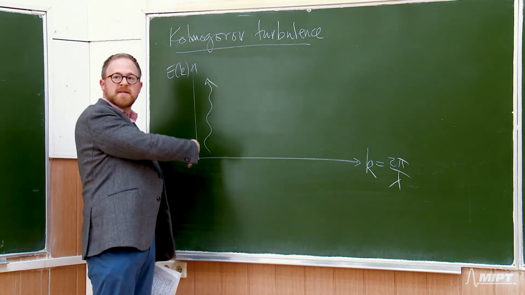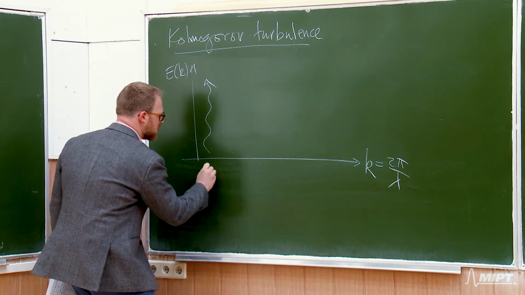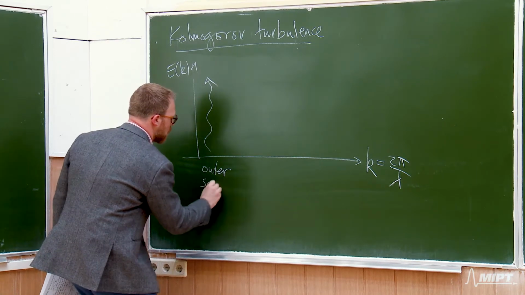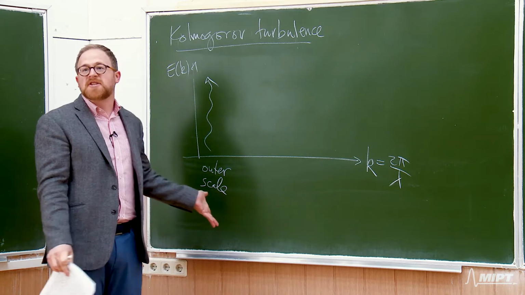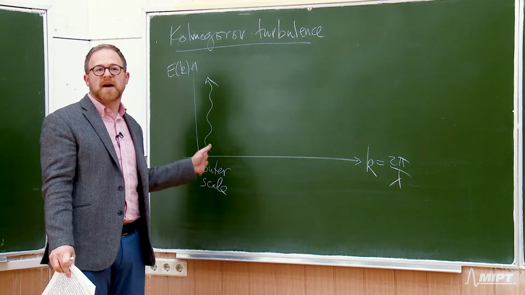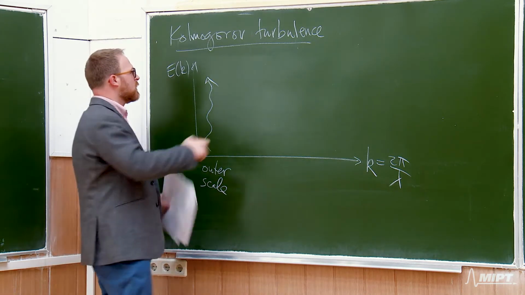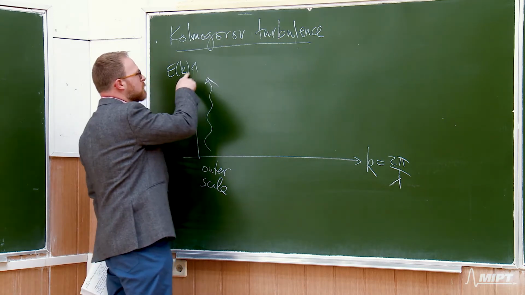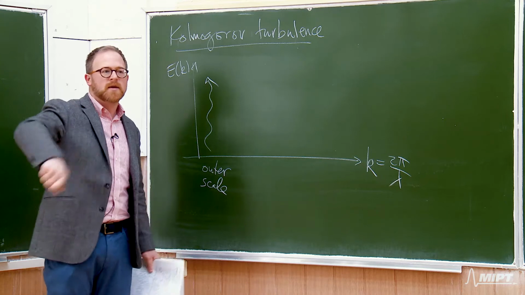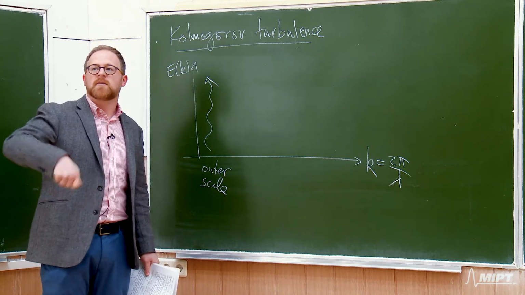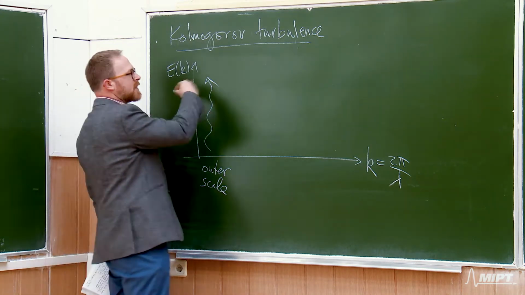The idea is that there is an outer scale. So this is called an outer scale. It need not be particularly homogeneous or anything. It's just there is some outer scale where your spoon lives. And the idea is that through interactions between different eddies that you excite when you stir, you get a cascade.